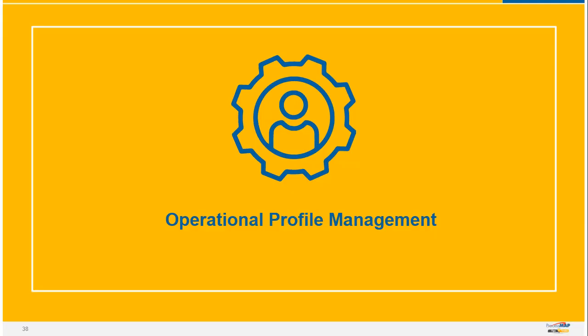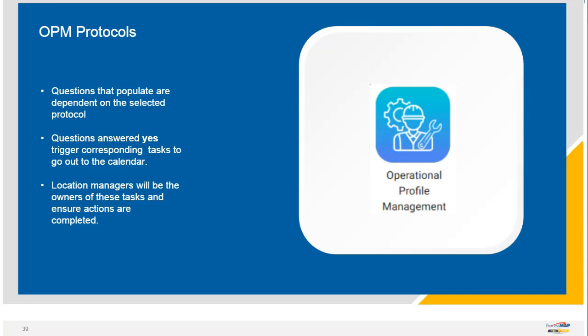So for example, if I am at a facility that has forklifts, my questionnaire would have something like, do you have forklifts? If I answer yes to that question, then a set of tasks for facilities that have forklifts, whether it be forklift inspections, trainings, what have you, will be assigned to those locations.